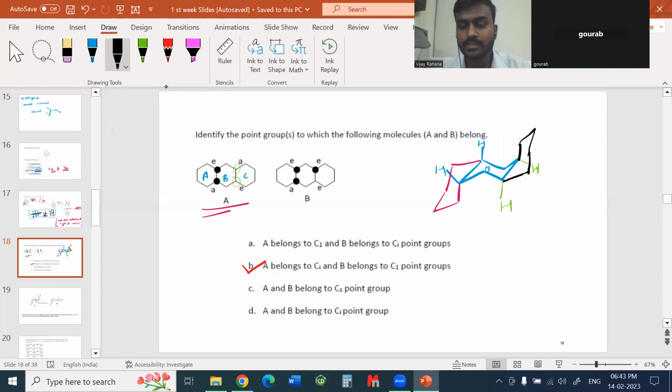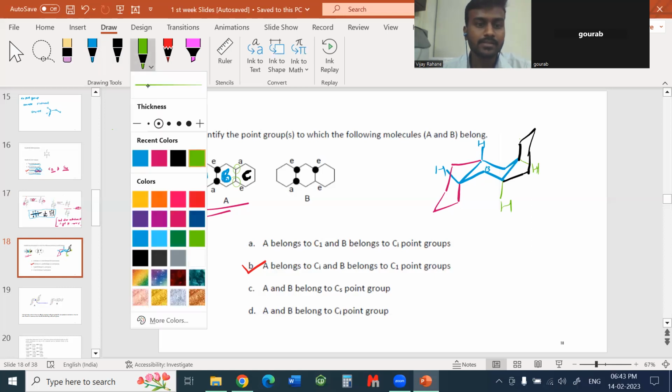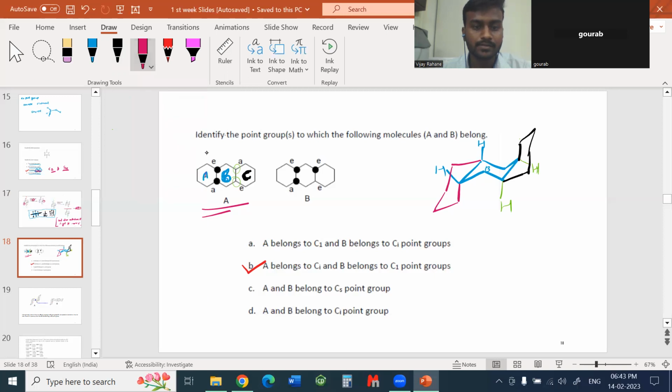So here we can see now, the C ring is represented by the black color. The B ring is represented by the blue one, and the A ring is represented by the pink one, right? I hope you are now able to visualize.